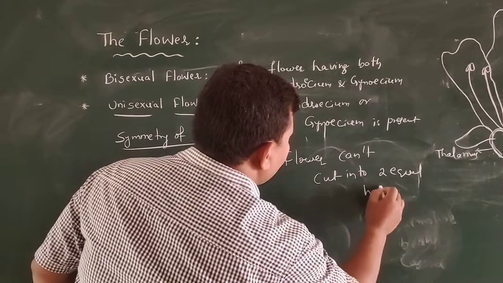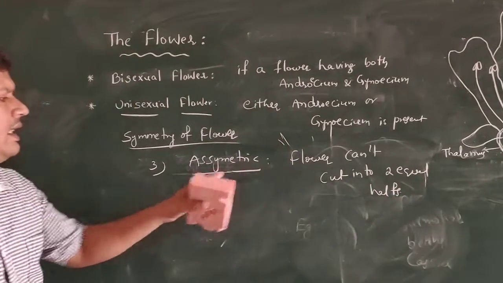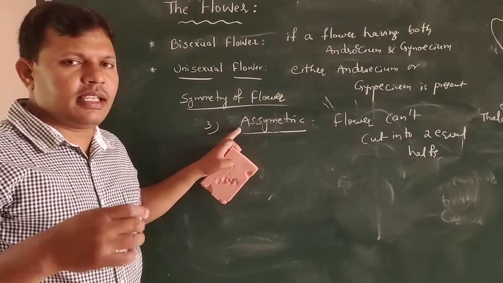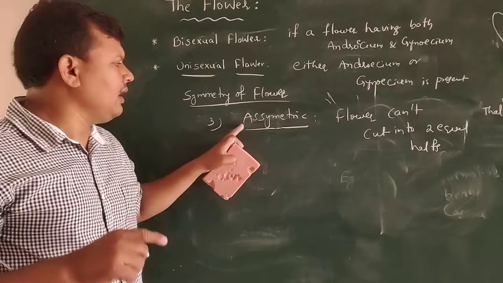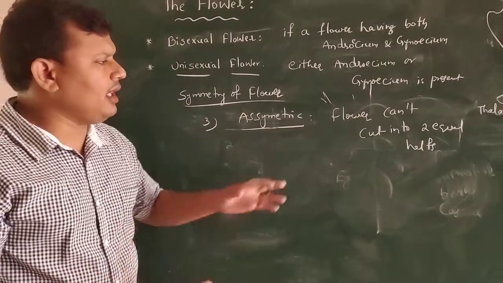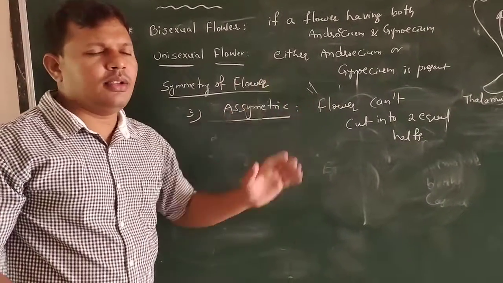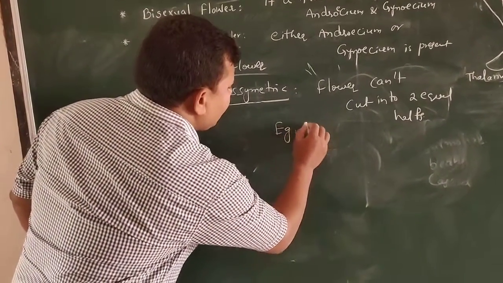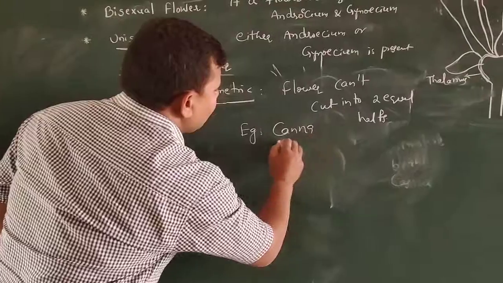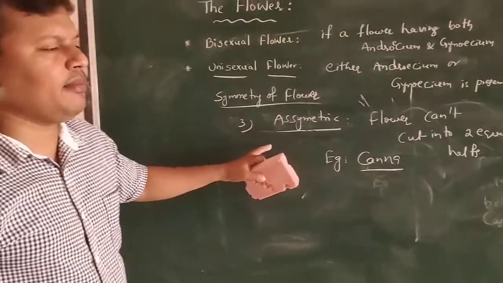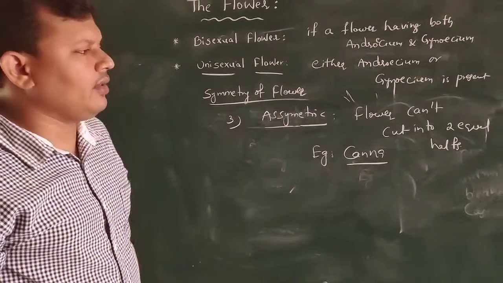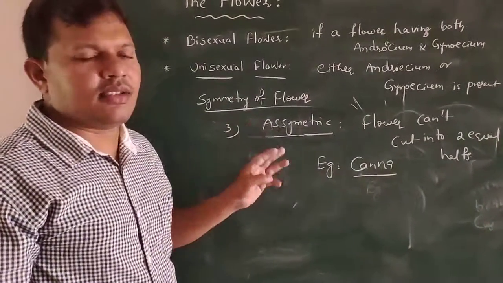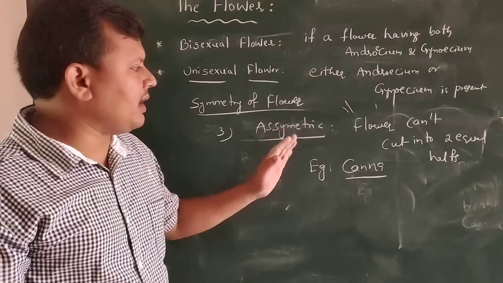These types of flowers are called asymmetric. So here the flower cannot be cut into two equal parts, and the example is canna. Canna indica is the example for the asymmetric flower. Okay. So mainly actinomorphic, zygomorphic and asymmetric. These are the three types of symmetry we generally see in flowers.